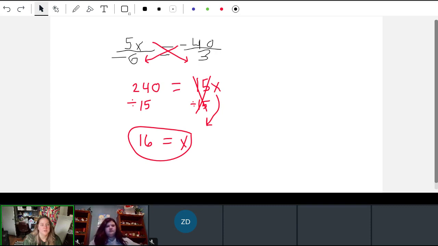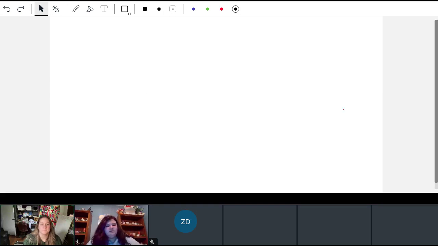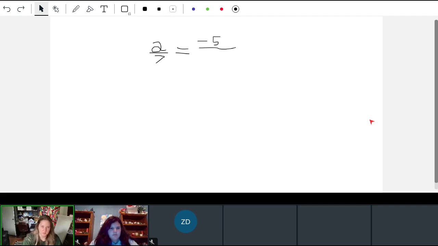And tell me what ratio you see first. Or actually, here, we can go ahead. You can write it on the board. Okay, 2 over 7 equals negative 5 over x plus 3, I think is what you have.